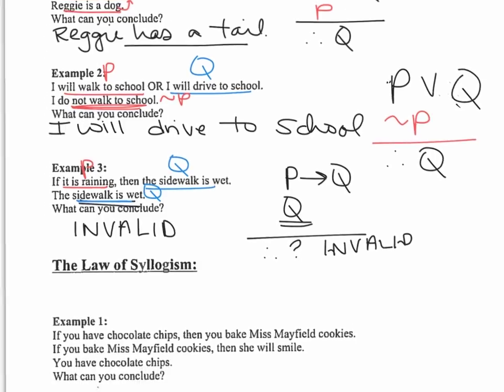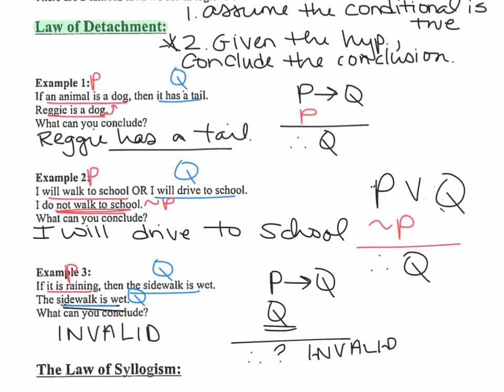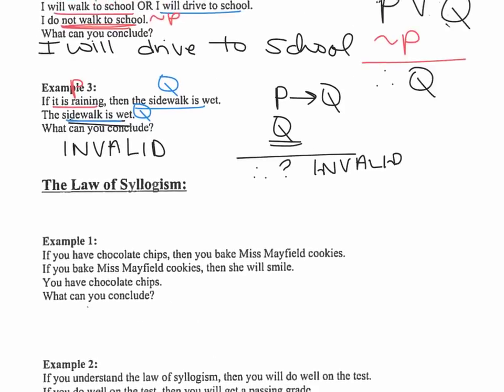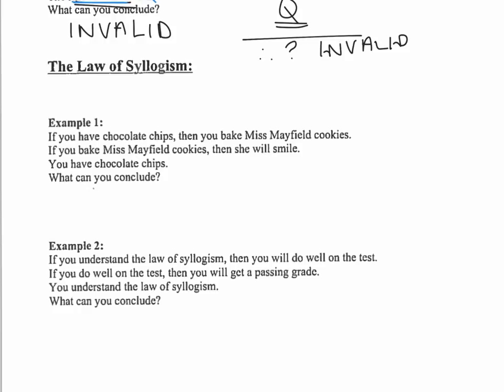Let's now talk about the law of syllogism. I actually just call it the transitive property. In Algebra 1, you learned the transitive property.